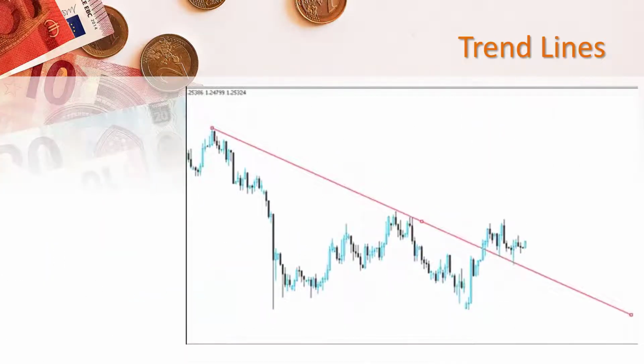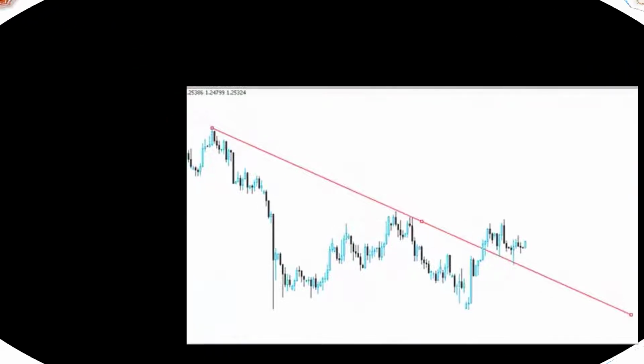Once you can properly understand and grasp what trend lines are, you'll know which way you should be taking a trade, if you should keep trading in a particular direction, or if the trend might be reversing and you need to go another direction.